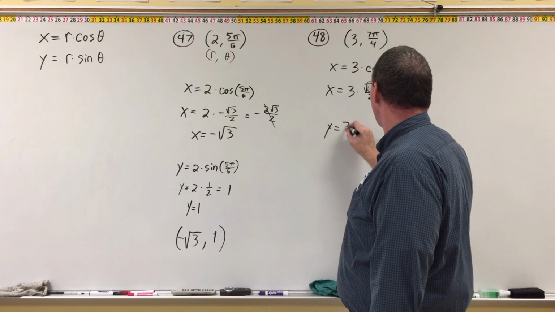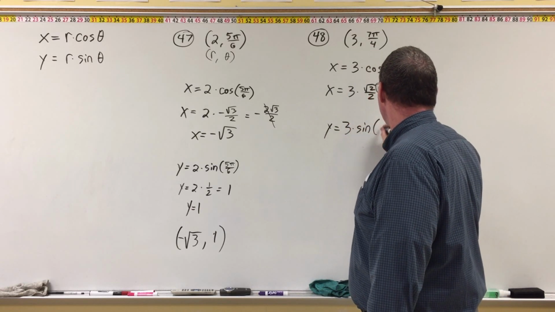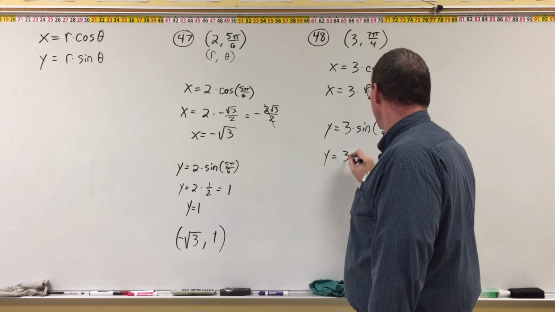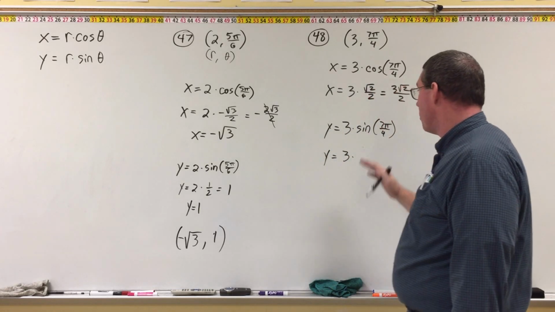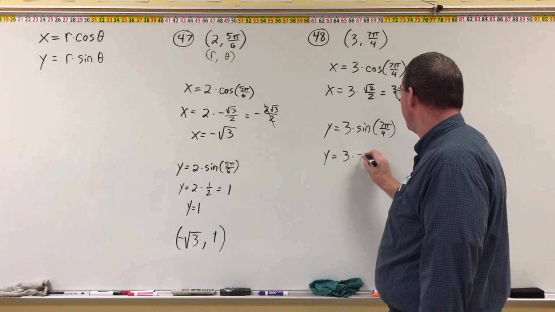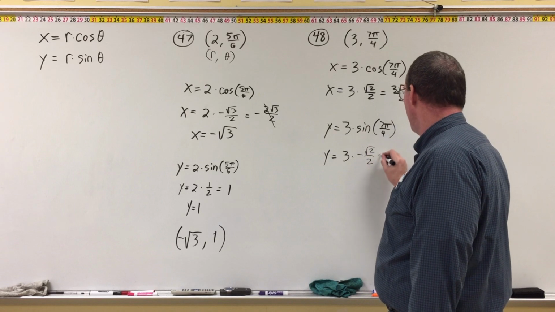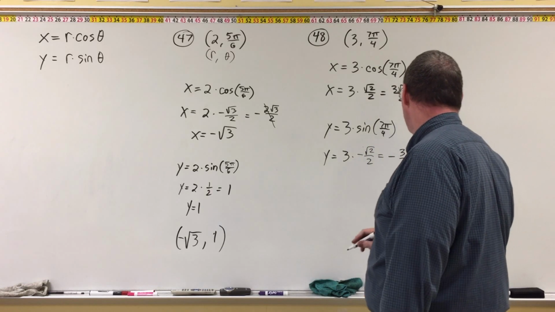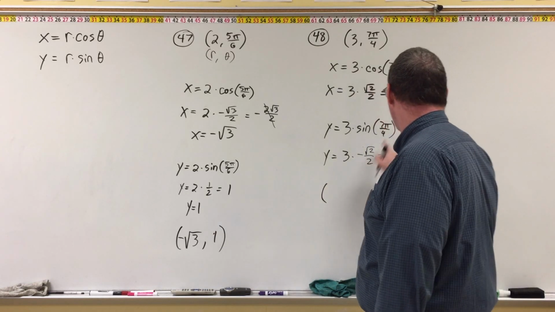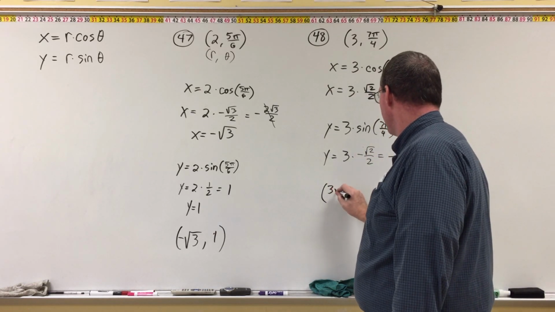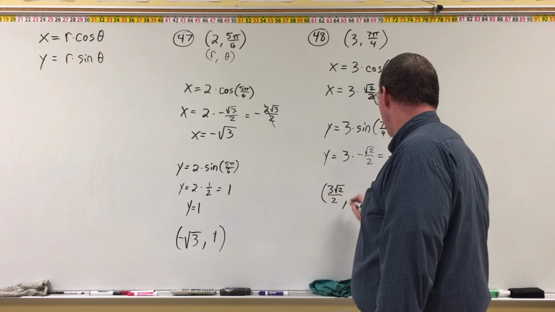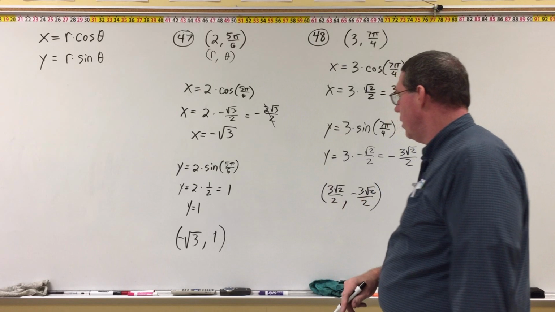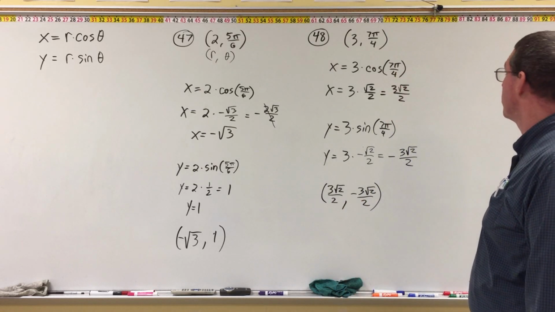Y is equal to 3 times sine of 7 pi over 4. Sine of 7 pi over 4 in the fourth quadrant is negative square root of 2 over 2. That's going to give us negative 3 square root of 2 over 2. And so our rectangular coordinates are 3 square root of 2 over 2 and negative 3 square root of 2 over 2. And we are done with question 48.